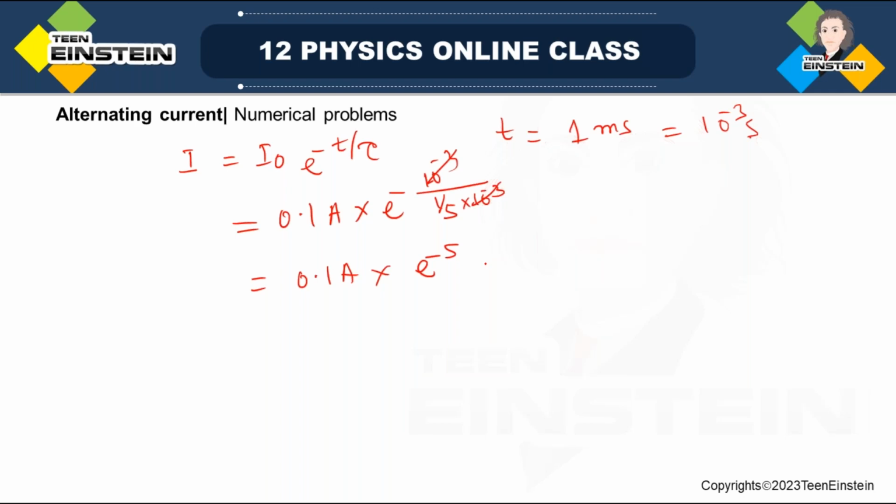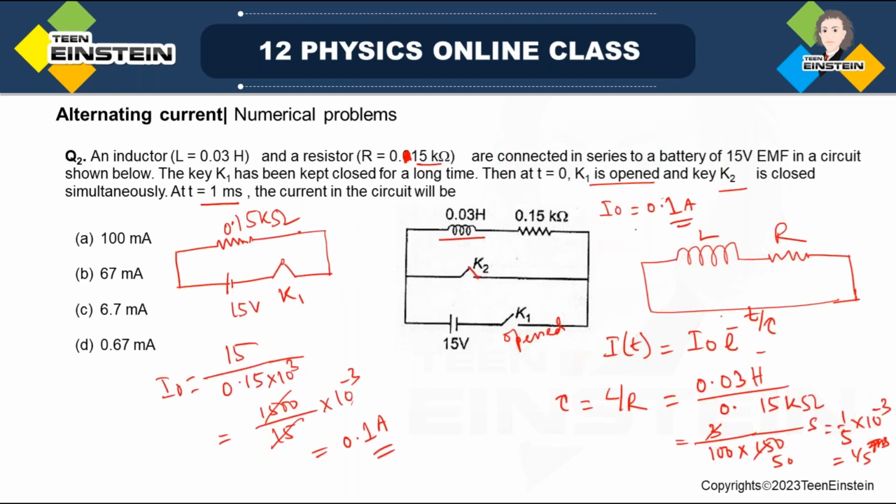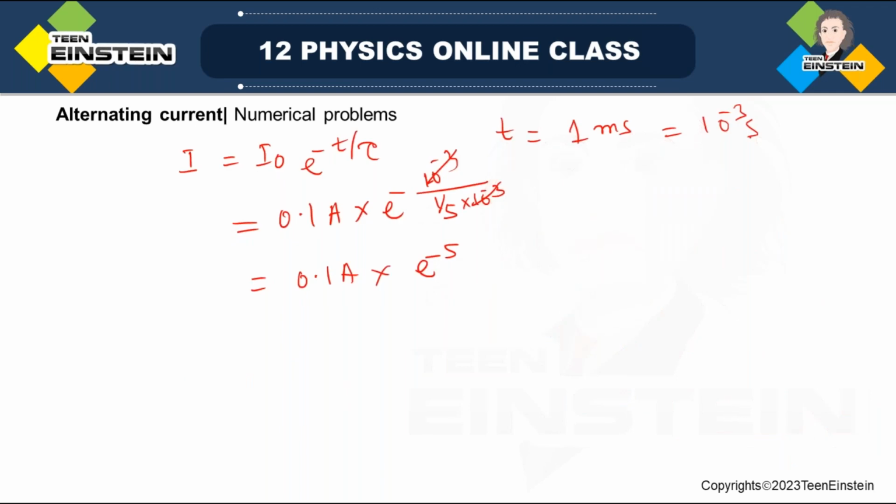So e to the power minus 5, in the question it is given. See, in the question you are given e to the power 5 is equal to 150. So e to the power minus 5 means we can write this much ampere into e to the power 5 whole to the power minus 1.